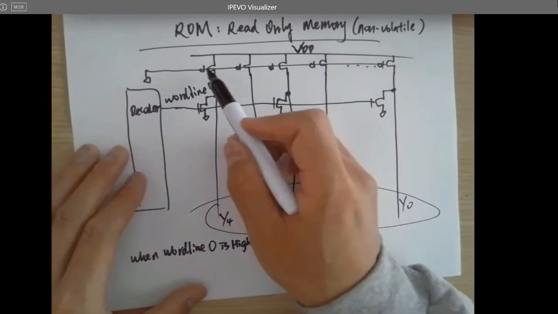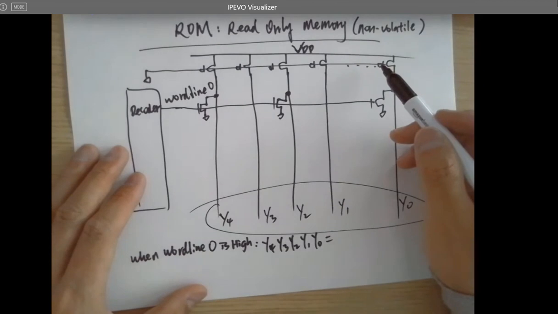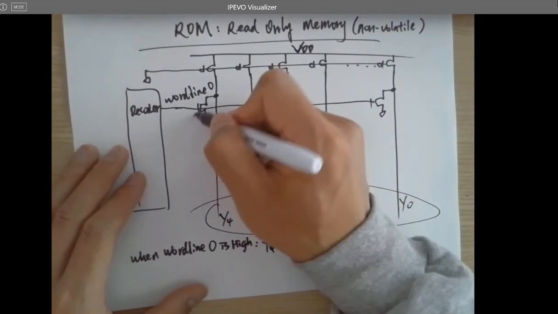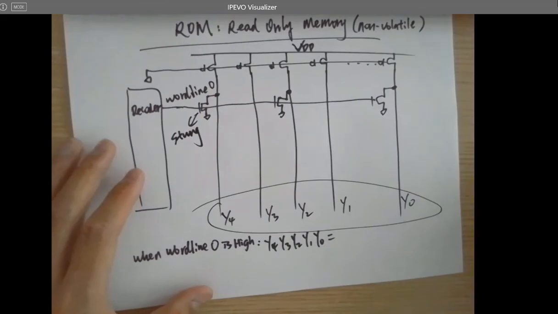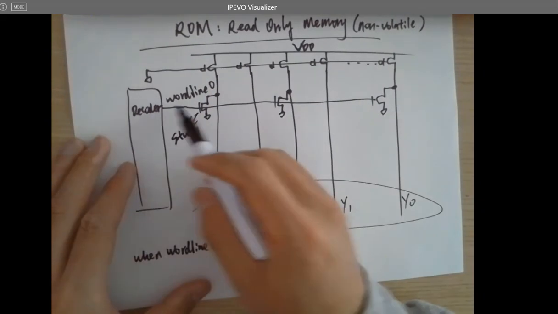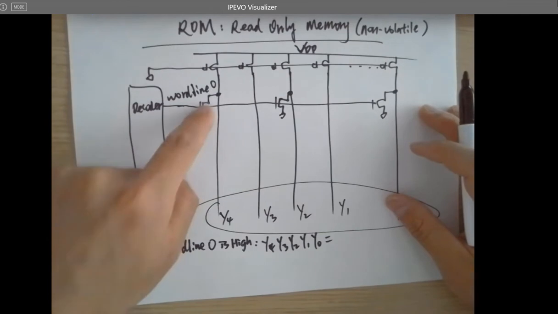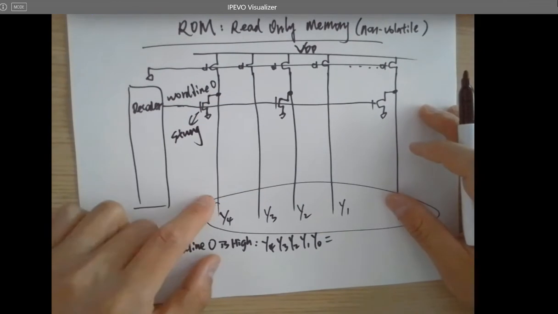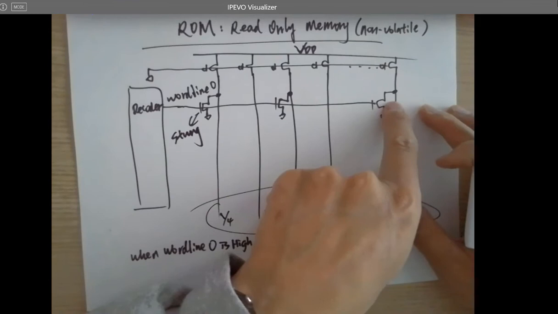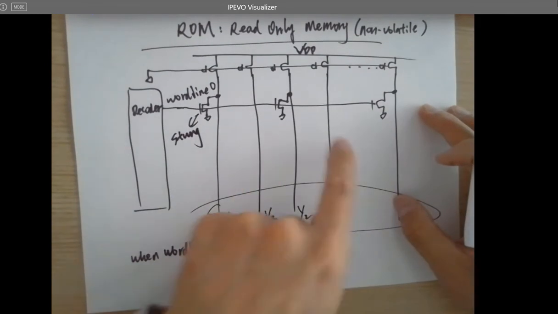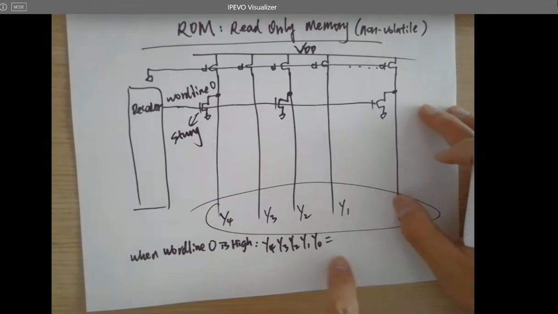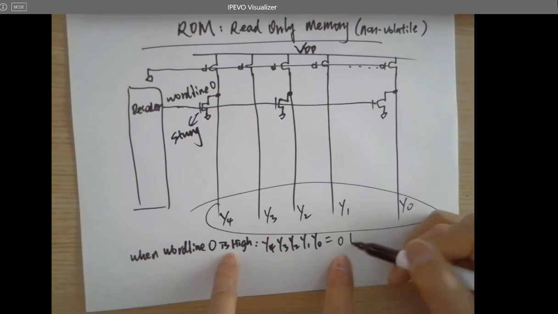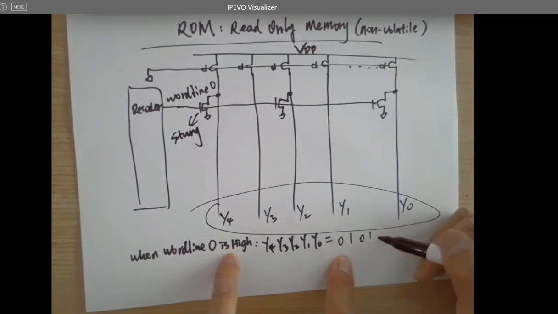I just want to make these PMOSes weak, but make all these NMOSes strong. So whenever the word line is on, this line will be put down to the ground, and also this one, but not these two ones. So what's the data output here? 0, 1, 0, 1, 0.